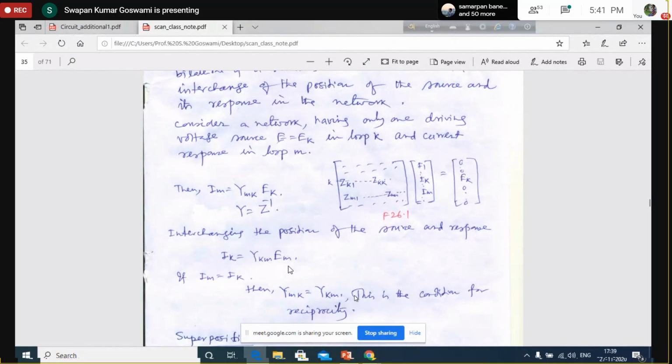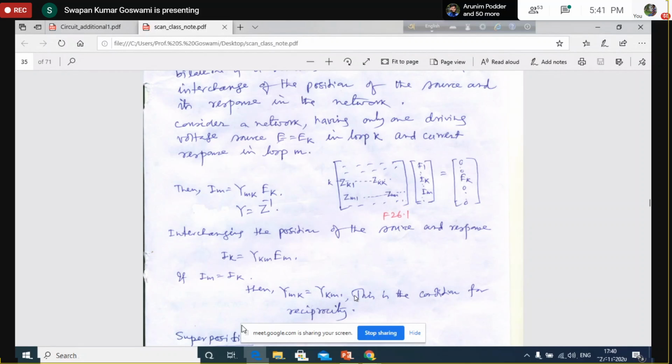Now, if the network is reciprocal, if the network is linear, then we can say that Im will be equal to Ik, because as per the reciprocity theorem you can interchange the position of the source and response, and the response will not change so long as there is no change in the value of the source.